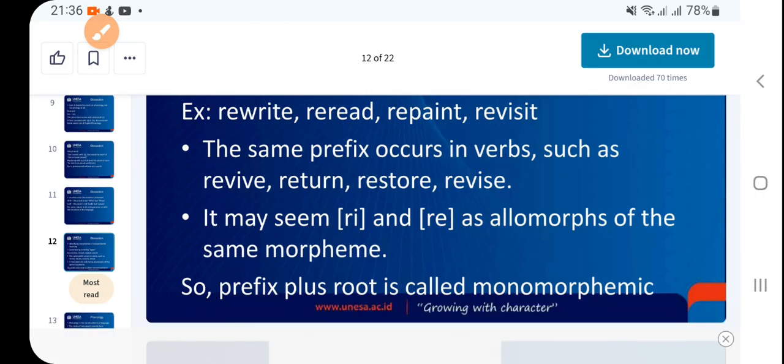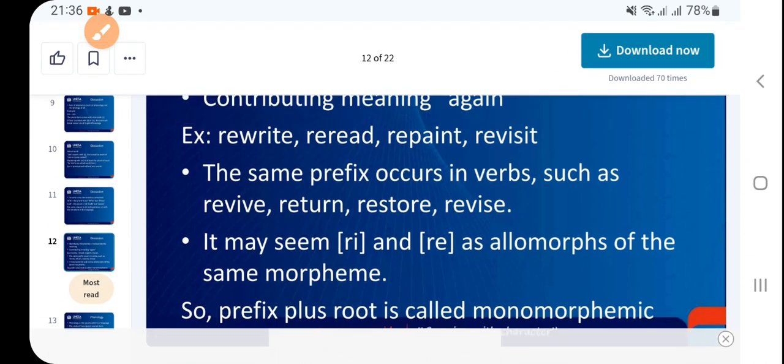It may seem that re and re are allomorphs of the same morpheme. Rewrite, reread, return, right? And revive. So the sound in rewrite is different from the sound in revive.